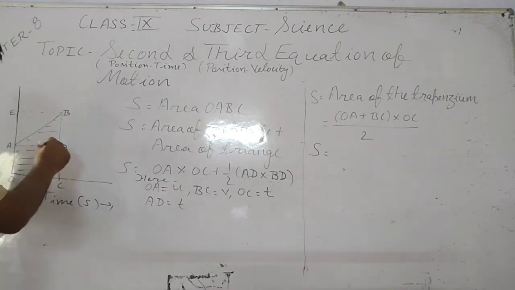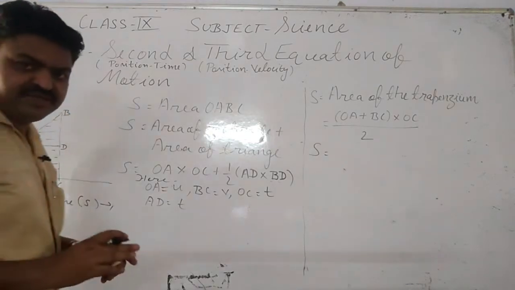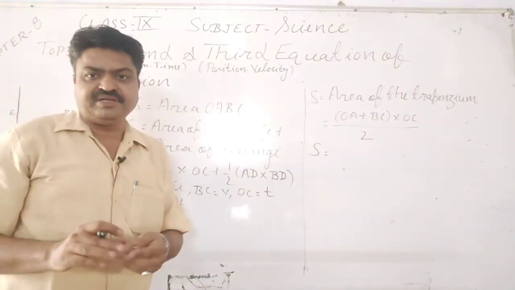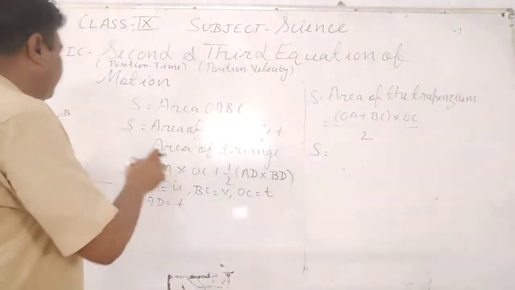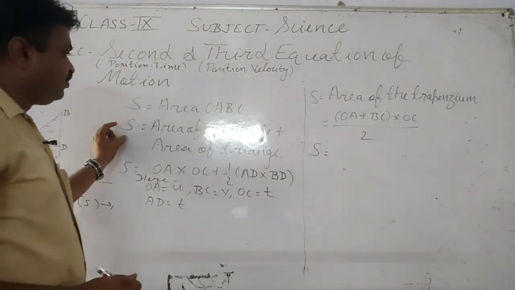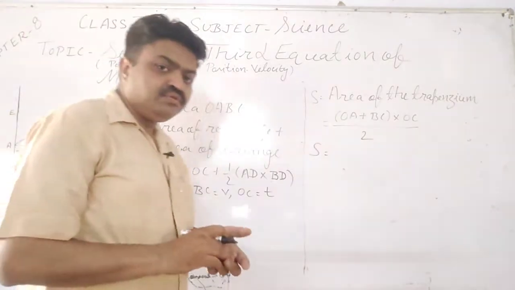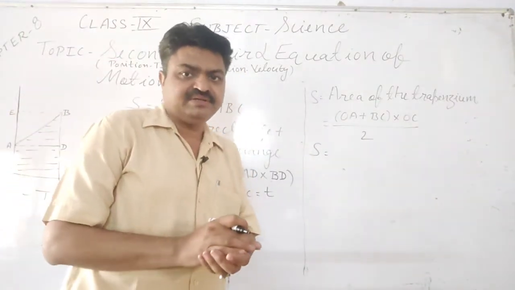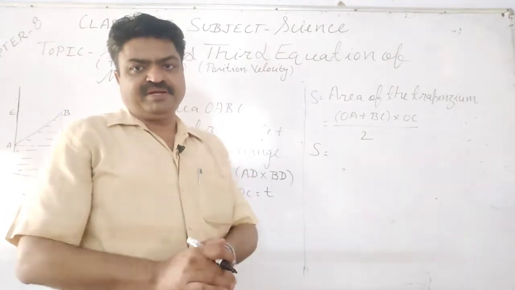This OABC is representing a trapezium, and for this we will use the formula for the area of trapezium.